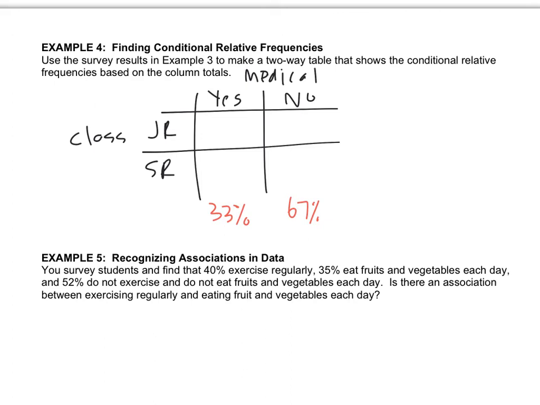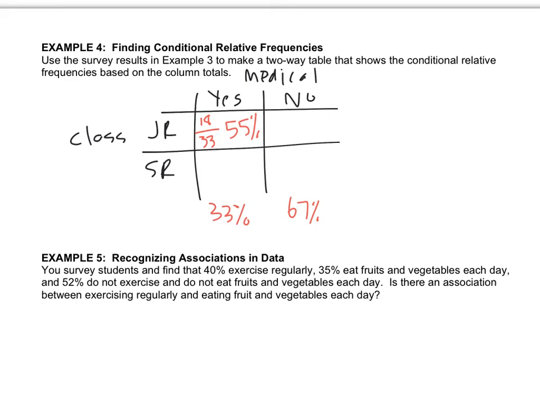It tells us they want us to use the column totals. It could have very easily had us do the row totals, which would be the junior and the senior classes. The setup is the same. So you go back to the previous example, and it was 18% out of 33%. So 55% of the people who said yes to medical are juniors.